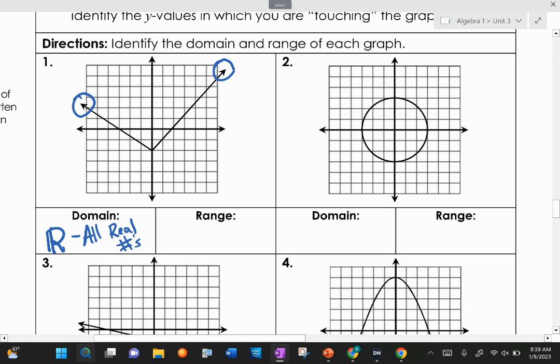For the domain. The domain, again, is dealing with which values, the X or the Y's? The X. So the range is going to be dealing with Y values, when we're moving up and down. So I always like to start at the bottom. You're welcome to start at the top. But I'm going to start at the bottom and scan.